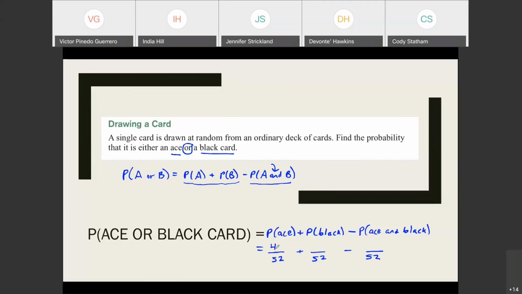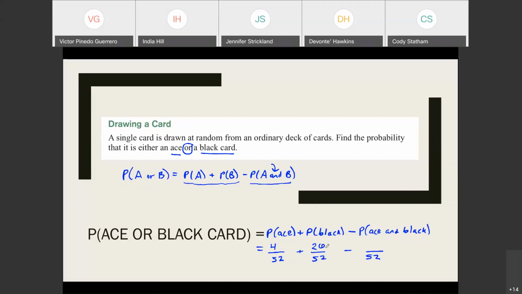All right, and then how many black cards are in the deck? I think it's 26, right? Half of the deck is black. Yes, it's 26.